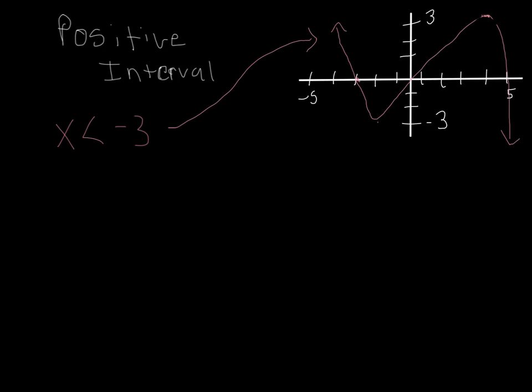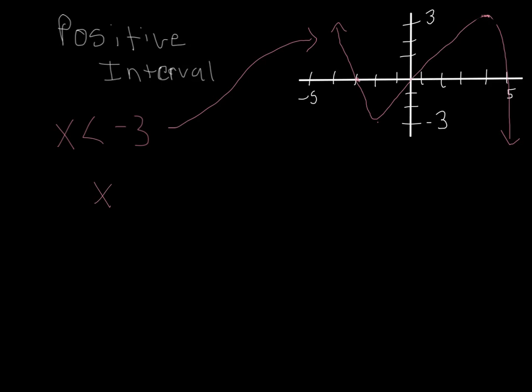Now we need to move to the other section and talk about this part of our graph, this interval that is positive. So we look for the intercepts here to identify what we're talking about. So we're going to go from an x value of 0 up until an x value of 5. So we want to represent from 0 to 5 for our positive interval.